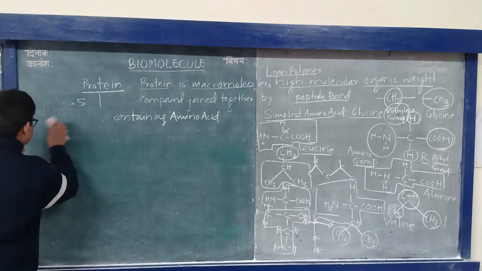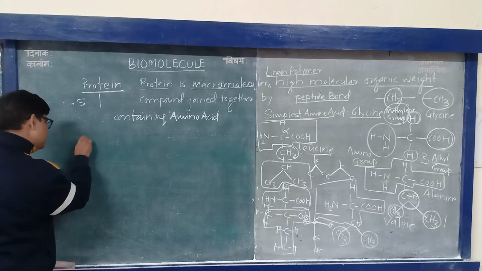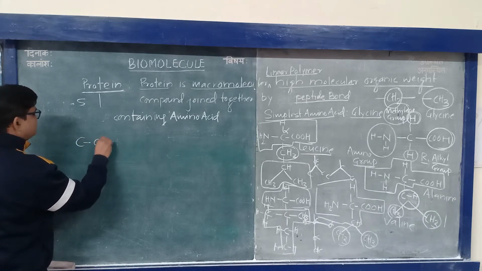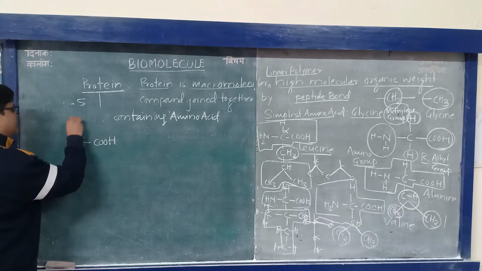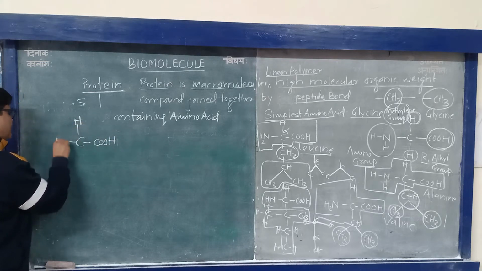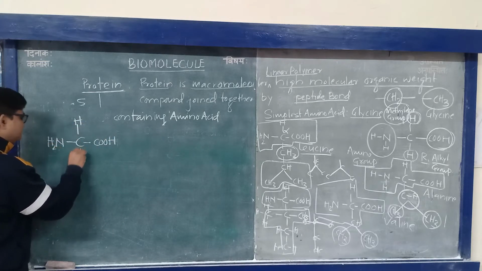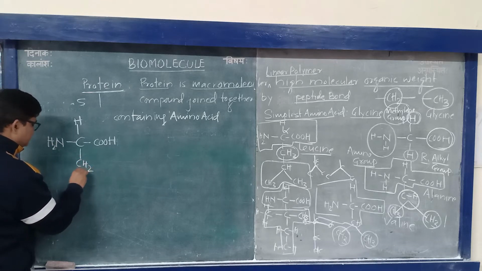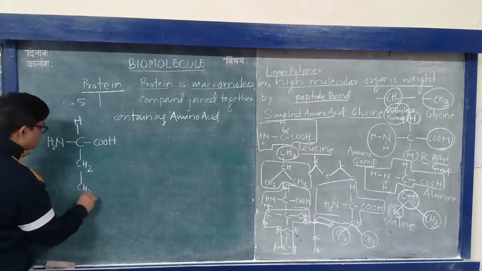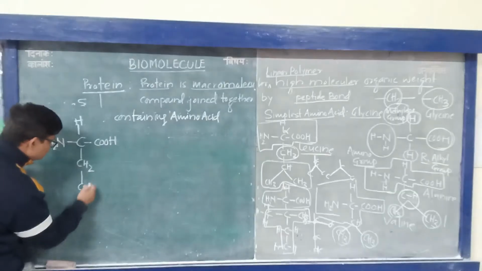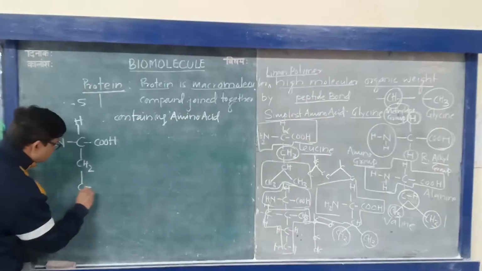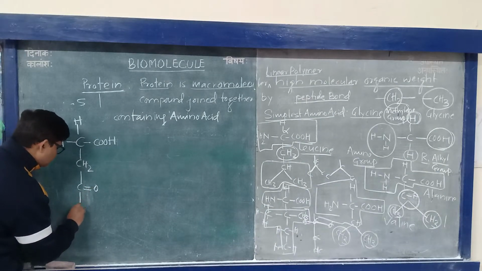Simply you have to draw the same repeated structure, that is COOH and then hydrogen and then amino group and then CH2, then more CH2, okay, 1, 2, 3, and this is the acid group, so that is OH.